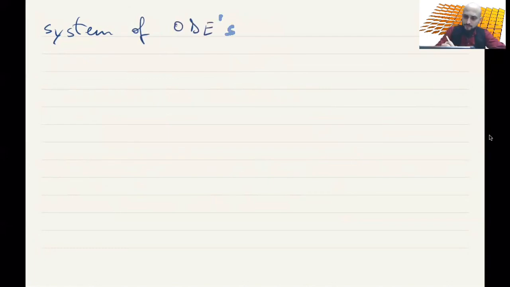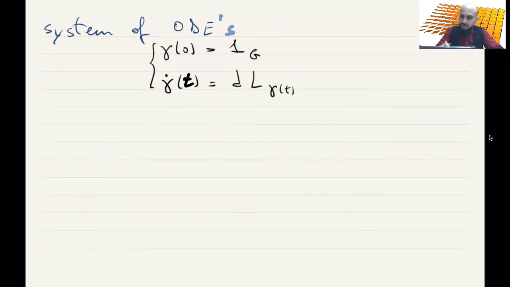So what's the system? So the initial point is the identity of the group, okay? So in coordinates, this is as many equations as the dimension of the group. And the derivative, again, is a system of n conditions, equal to which vector? The vector that one obtains by left translating from the identity the vector u(t). And this is for almost every t in 0, 1.